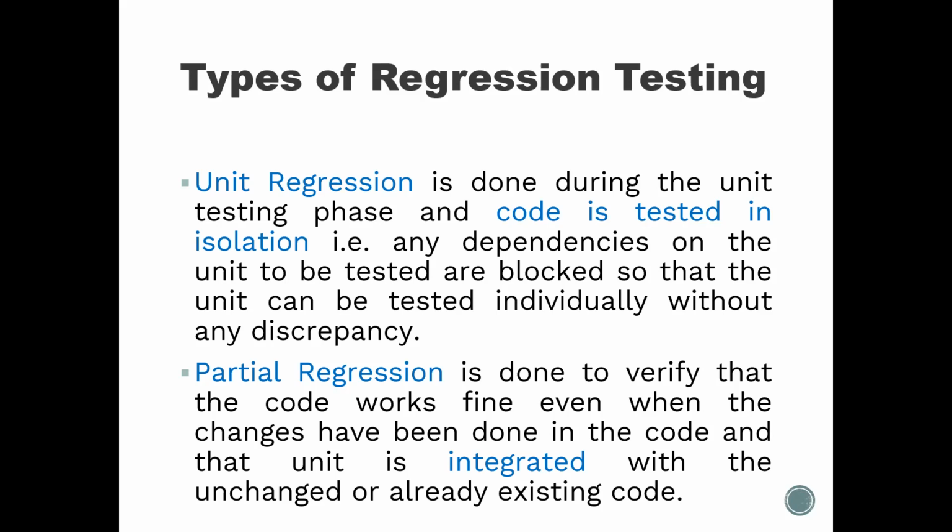On the other hand, partial regression testing focuses on a specific part of the software system. So you are not just testing one single unit, but a part. The thing is, instead of running all tests on all components of the system, only a subset of the tests is run. This subset is related to the part of the system that is more likely to be affected by the recent changes.